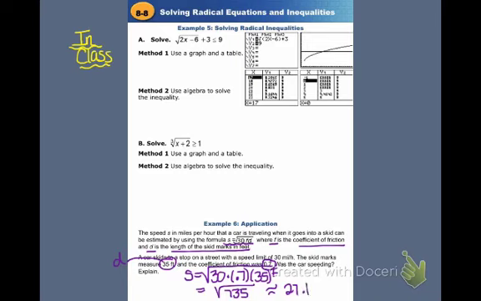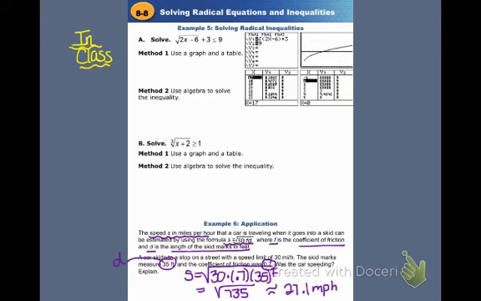Now remember the S represented miles per hour. So that's 27 miles per hour. So the question is, was the car speeding? No, the car wasn't speeding. It was going less than the 30 mile an hour speed limit that was indicated.